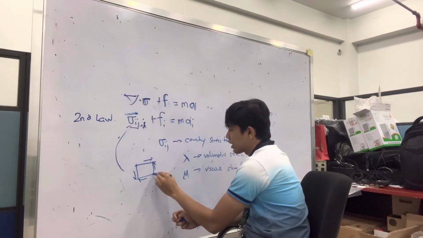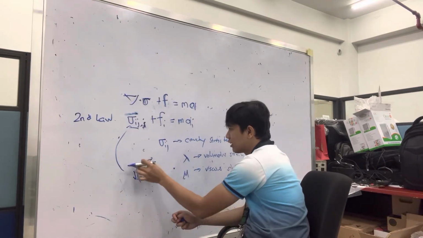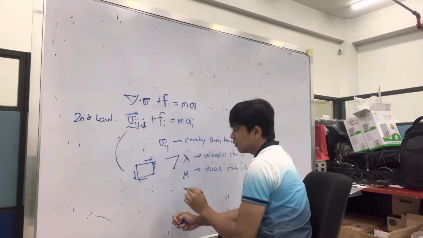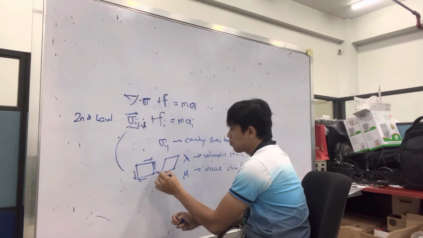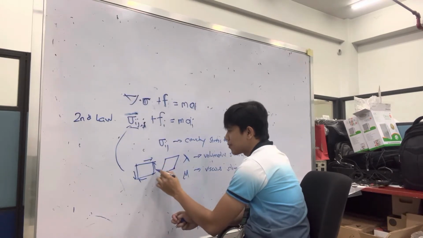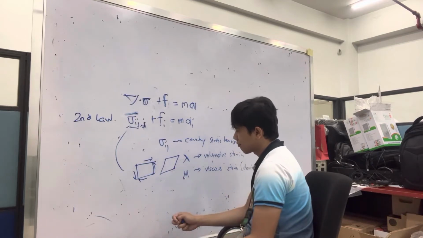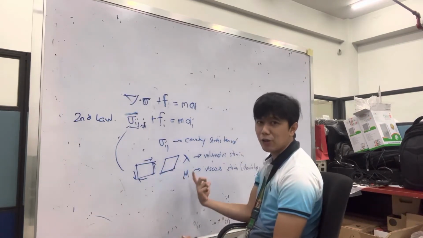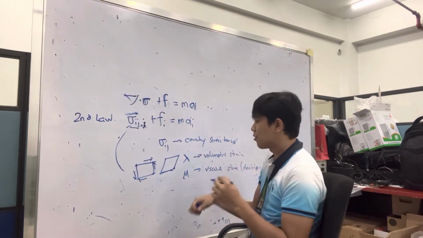So, if you retain this one and retain this one, nag-elongate siya, then ito rin nag-elongate. Ditong part na 'to, since perspective niya is palayo, pakiramdam mo walang nangyari. So, hindi nagbago yung volume, nagbago yung shape. Therefore, deviatoric na strain yung tawag sa kanya.